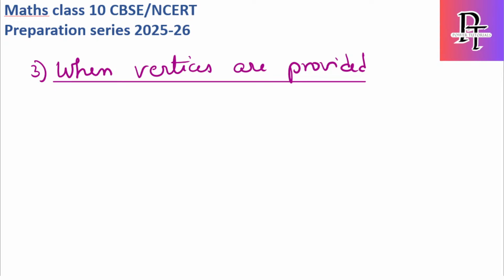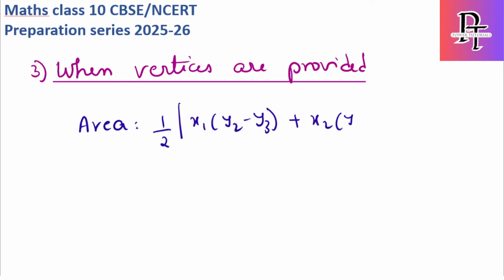So for this, the formula is: area is equal to 1 by 2 into mod of x1 into y2 minus y3 plus x2 into y3 minus y1 plus x3 into y1 minus y2.